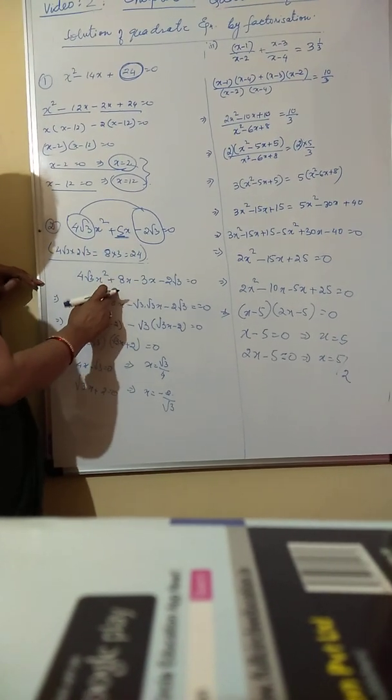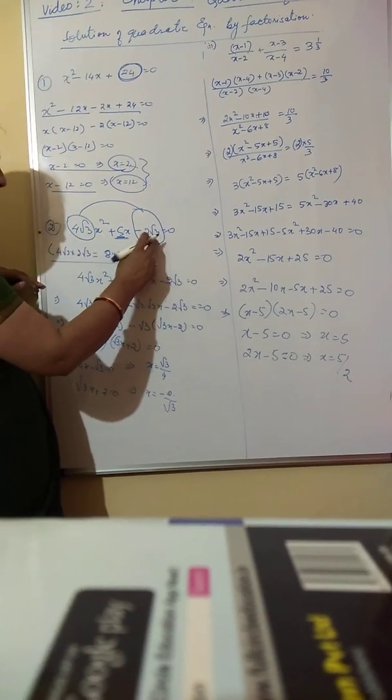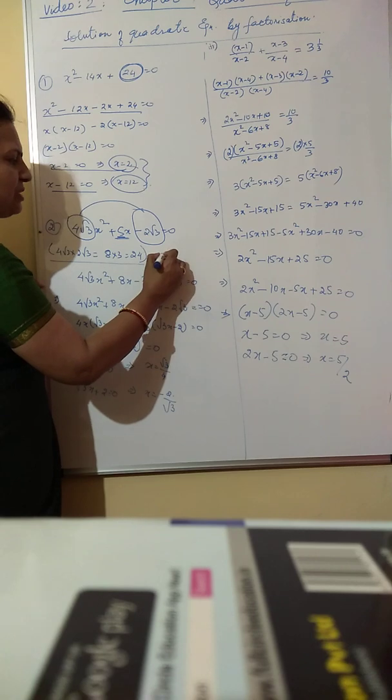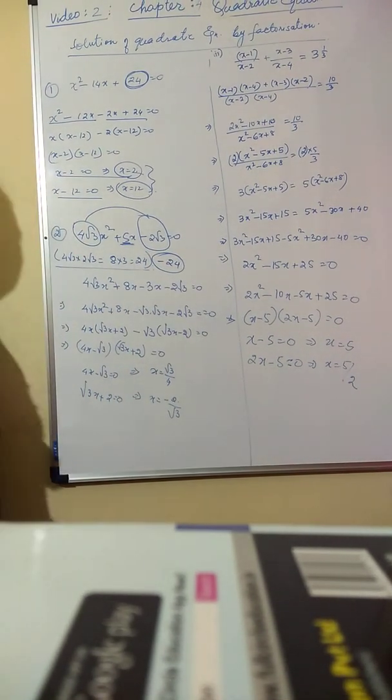The constant term is minus 2 root 3, so the product is actually minus 24. AB is equal to minus 24.